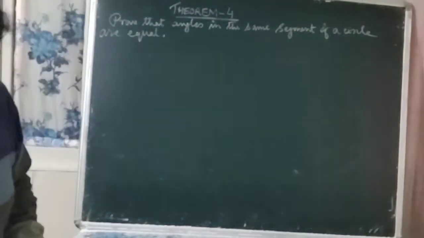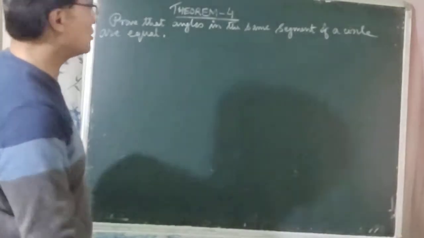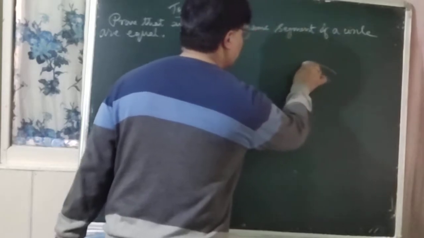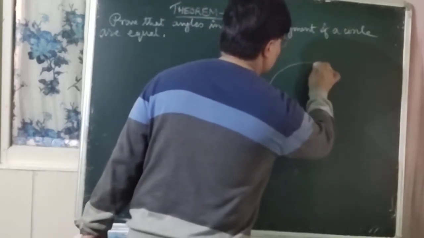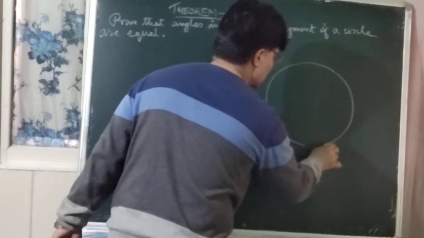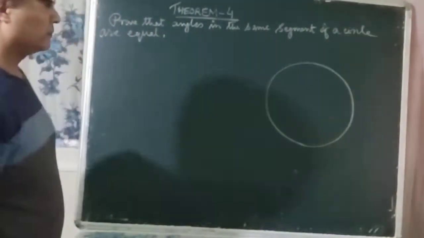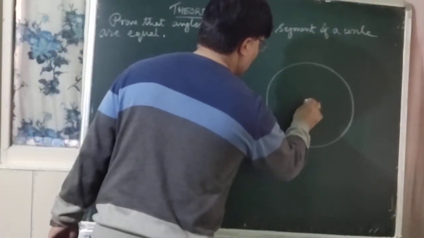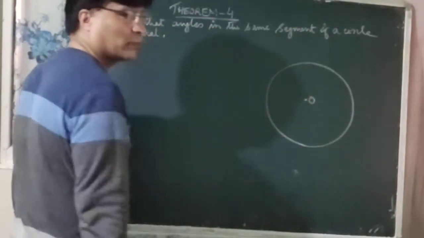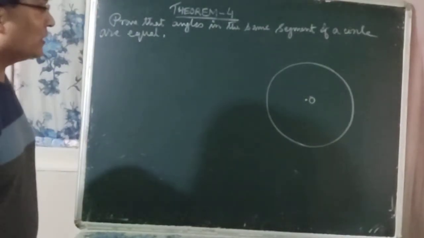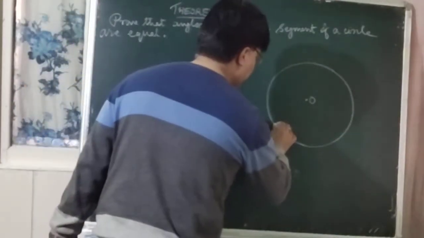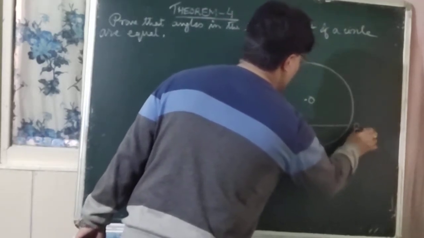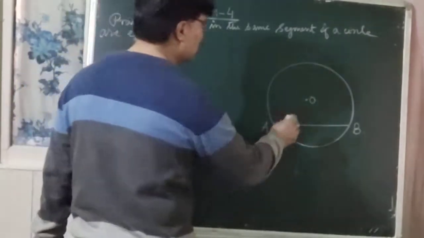So now let us prove that angles in the same segment of a circle are equal. Okay, so now draw a circle. So we have drawn a circle with the center O. Okay, and now AB is the chord of a circle, right?